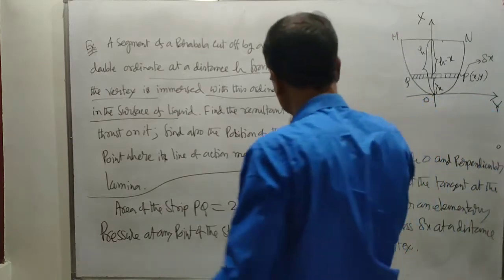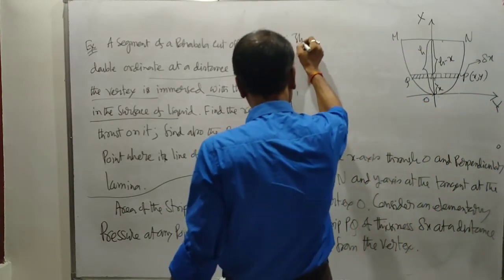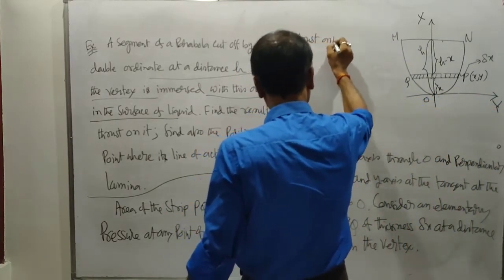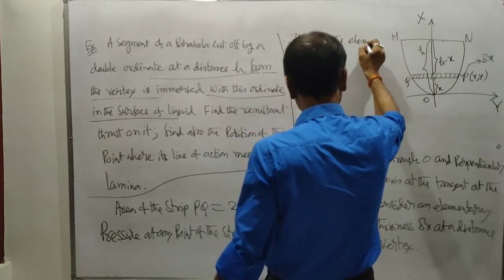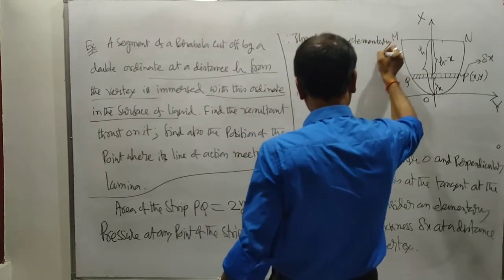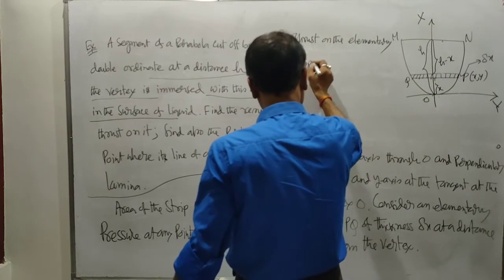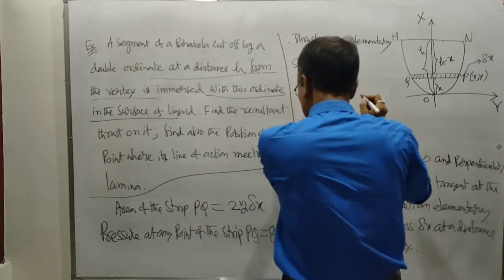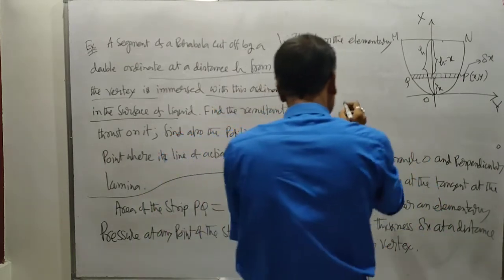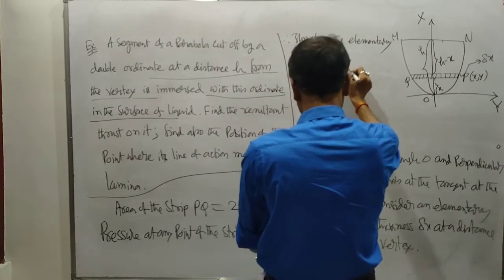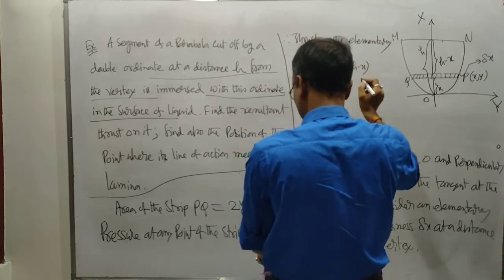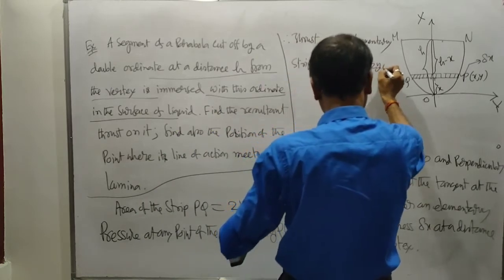Therefore, thrust on the elementary strip PQ equals pressure into area. The pressure is rho g (h minus x) into twice y delta x.